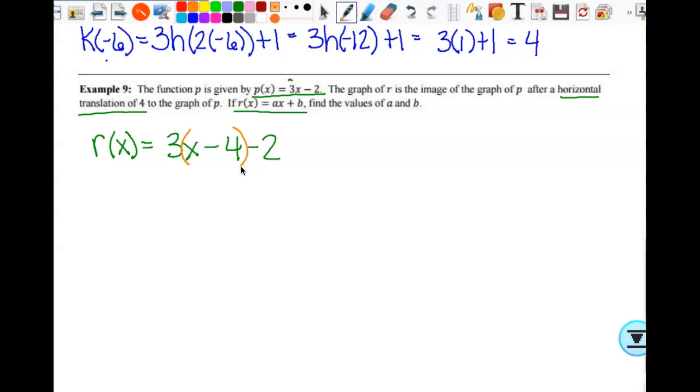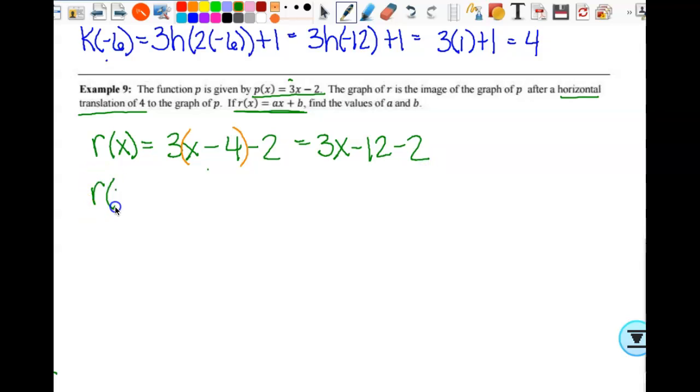Now, in that form right there, can I just look at that and grab A and B off of there? Is this the same form as this? No, it's not. Can I get it into that form pretty easily? Yeah. I just distribute my 3. This is going to give me 3x minus 12 minus 2.